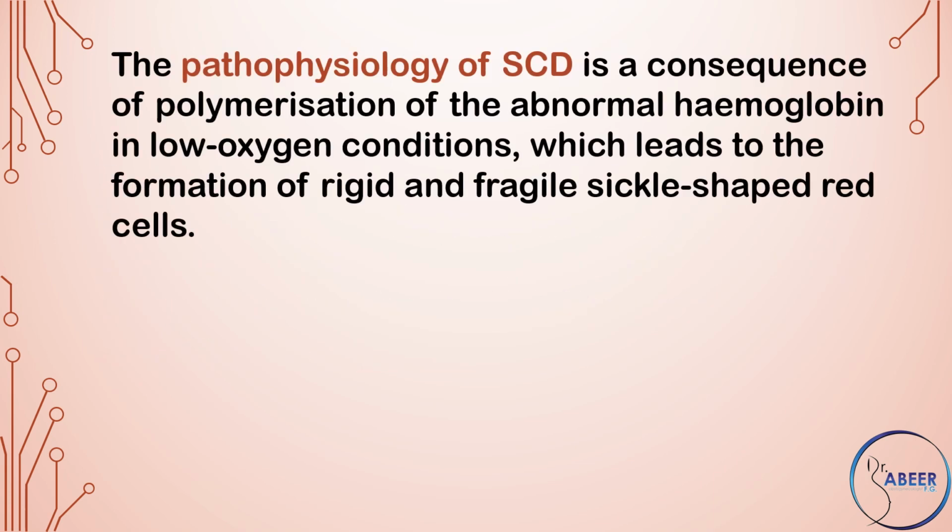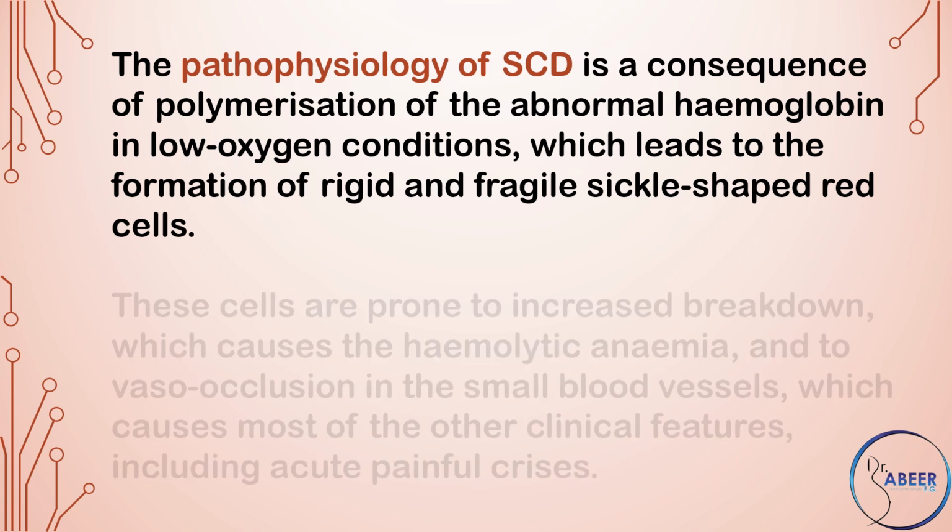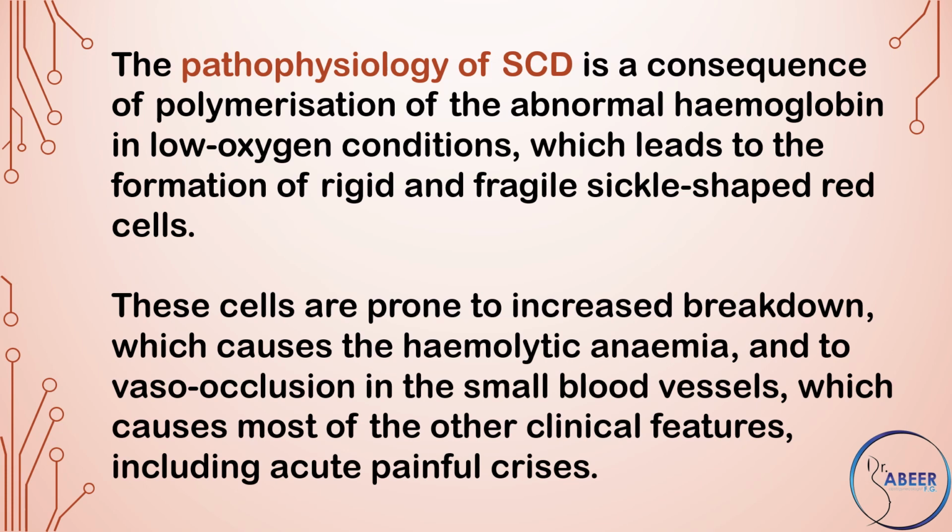The pathophysiology of sickle cell disease is a consequence of polymerization of the abnormal hemoglobin in low oxygen conditions, which leads to the formation of rigid and fragile sickle-shaped red cells. These cells are prone to increased breakdown, which causes the hemolytic anemia, and to vasoocclusion in the small blood vessels, which causes most of the other clinical features, including acute painful crisis.